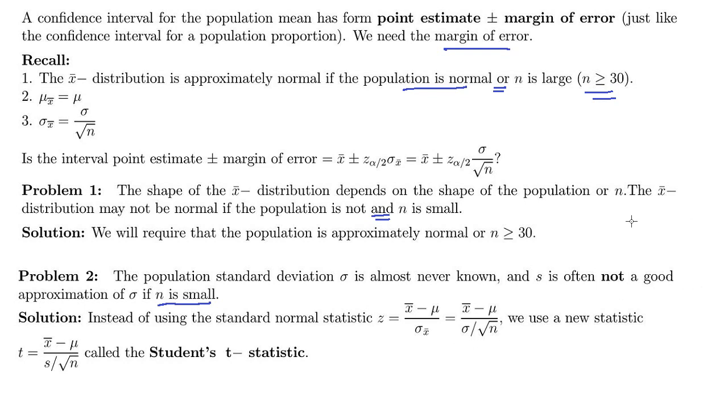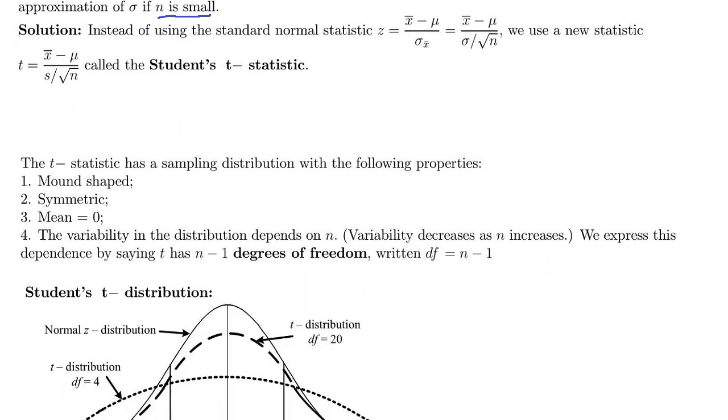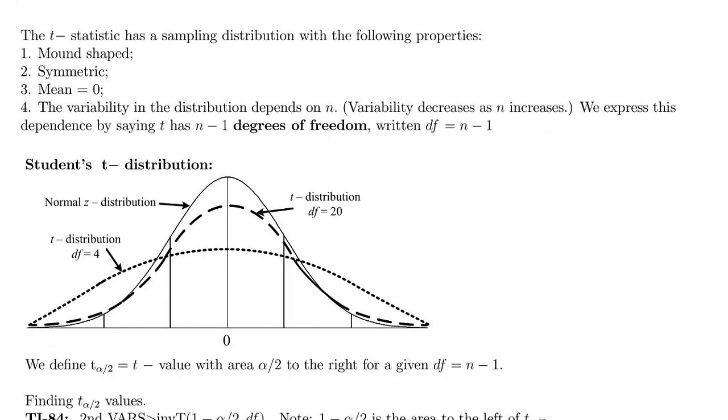So we first need to find out how to get these T values on the calculator. Let's look at some properties of this T distribution. The T statistic has a sampling distribution that has the following properties. It's mound-shaped, symmetric, the mean is 0, and the variability of the distribution depends on the sample size n.